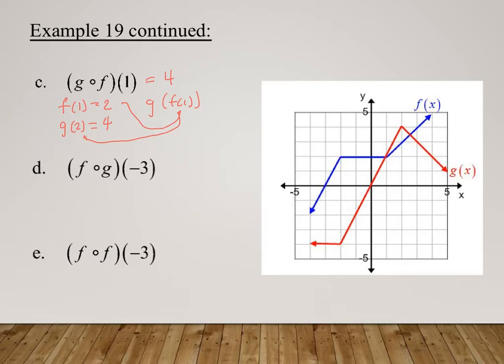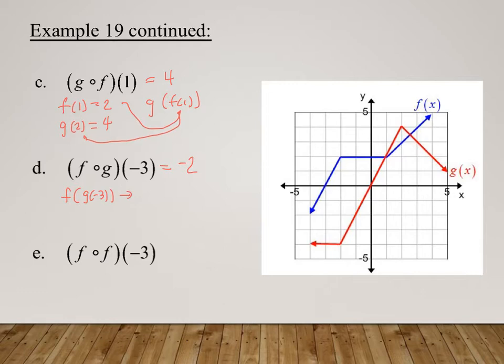So here you should have gotten the answer to be -2. And so here again we're going to do f of g of -3. So we have to do g of -3 first. So when we do -3, we come over and we say 1, 2, 3.